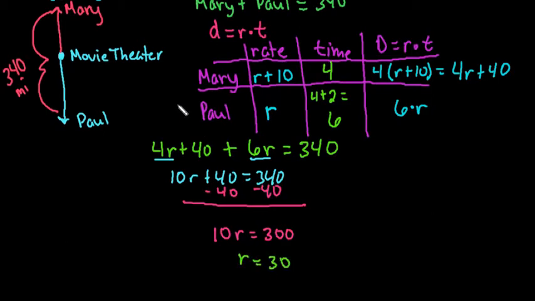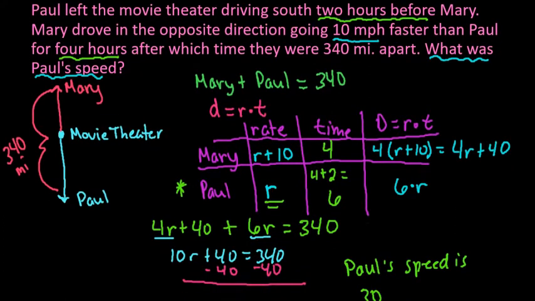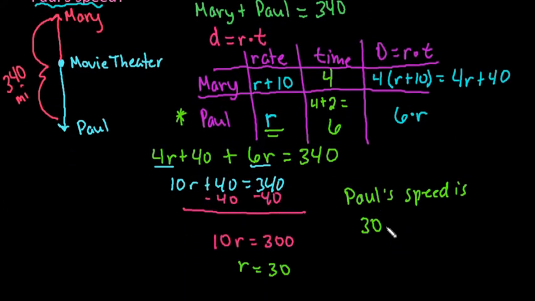If we go back to how we set it up, remember that that is Paul's rate. So Paul is 30, and you always want to look back to make sure that you have it in the right units. For this one, we're using miles per hour. So Paul's speed is 30 miles per hour.